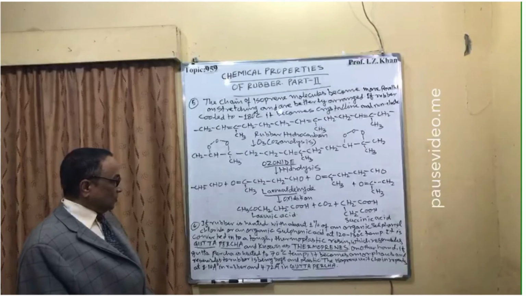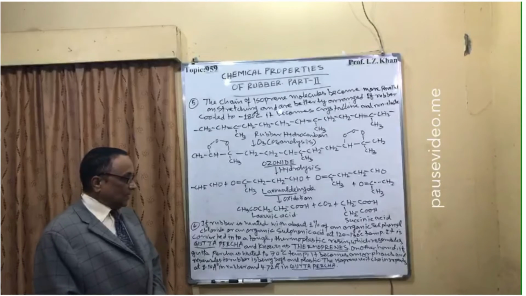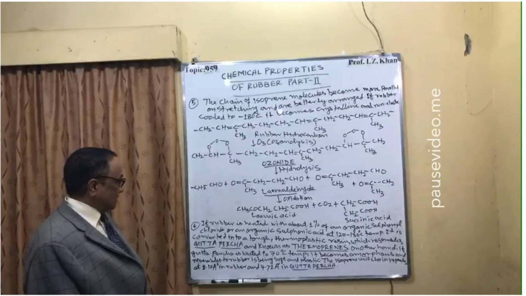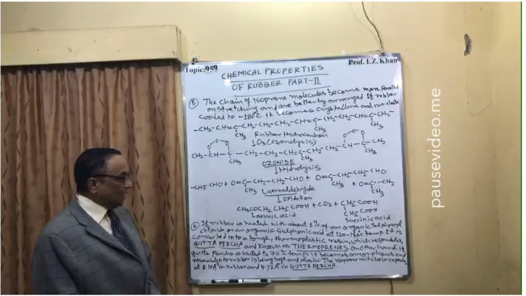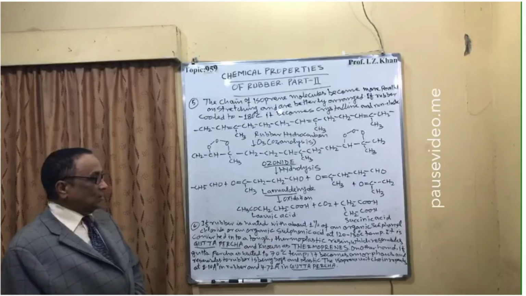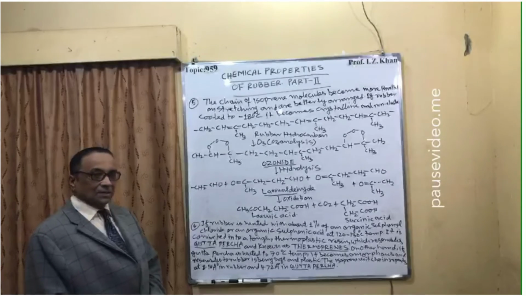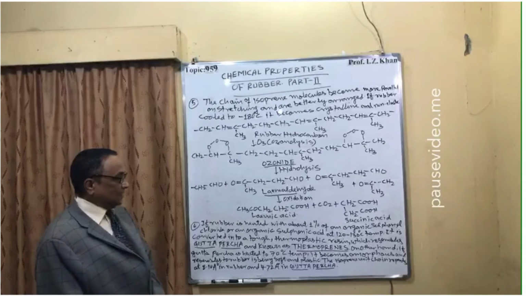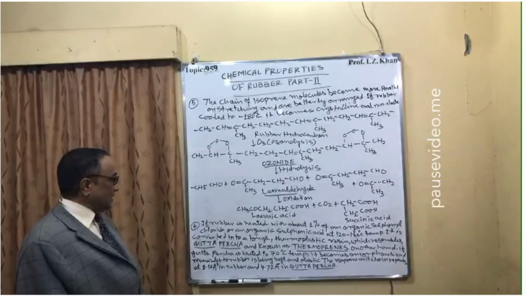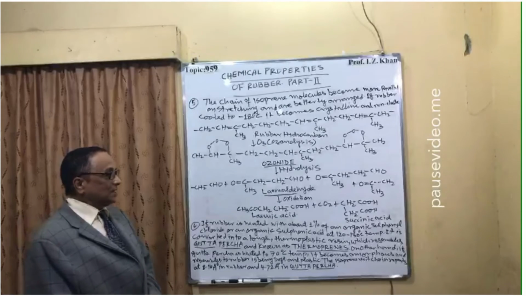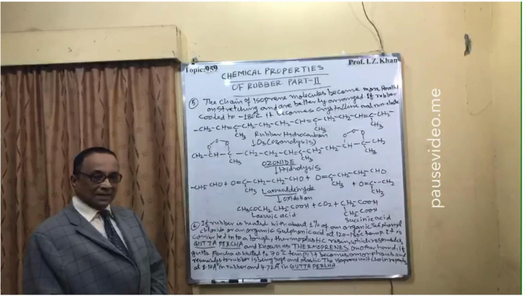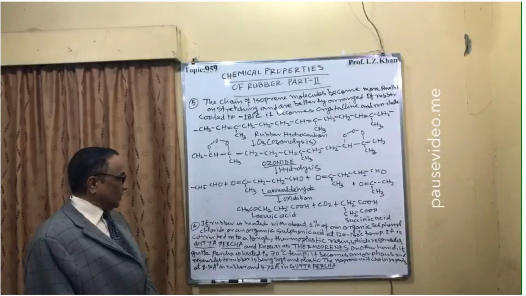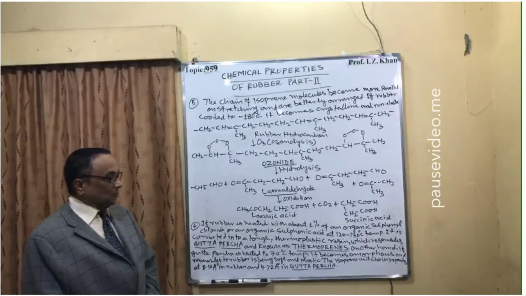It is converted into a tough thermoplastic resin which resembles gutta percha and is known as thermoprene. So thermoprenes are nothing but rubber treated in the presence of organic sulfonic acid at 120 to 130 degrees centigrade, resembling gutta percha.